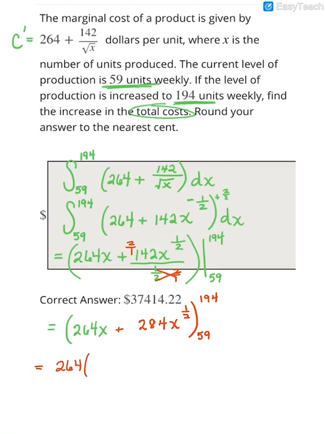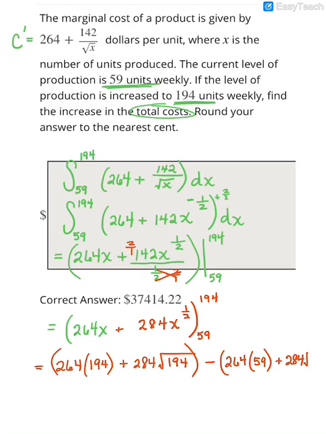So 264 times 194 plus 284 times the square root of 194. And then we're going to subtract 264 times 59 plus 284 times the square root of 59. And we are subtracting that whole thing.